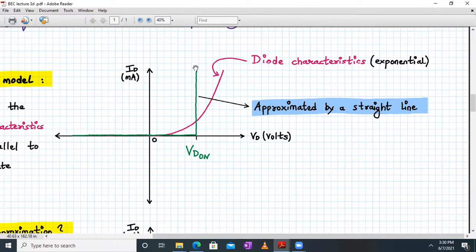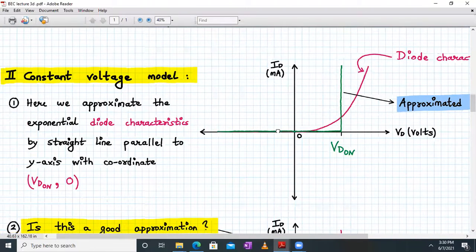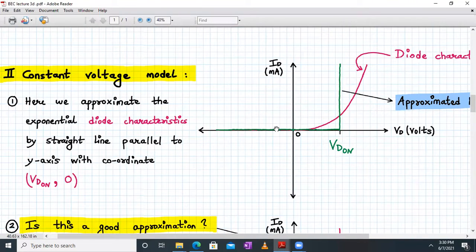But now we will approximate with a straight line which is parallel to the y-axis. Okay, so this is my constant voltage model. Here we approximate the exponential diode characteristics by a straight line parallel to the y-axis with the coordinate VD-on comma 0.